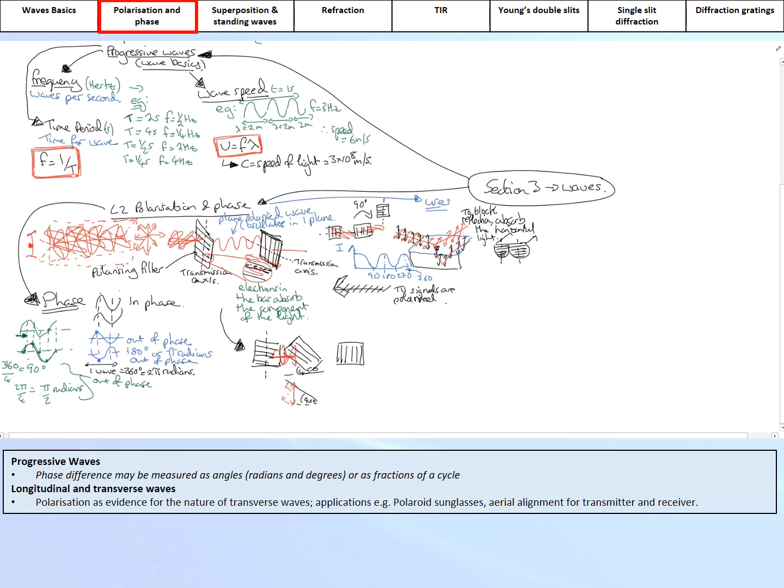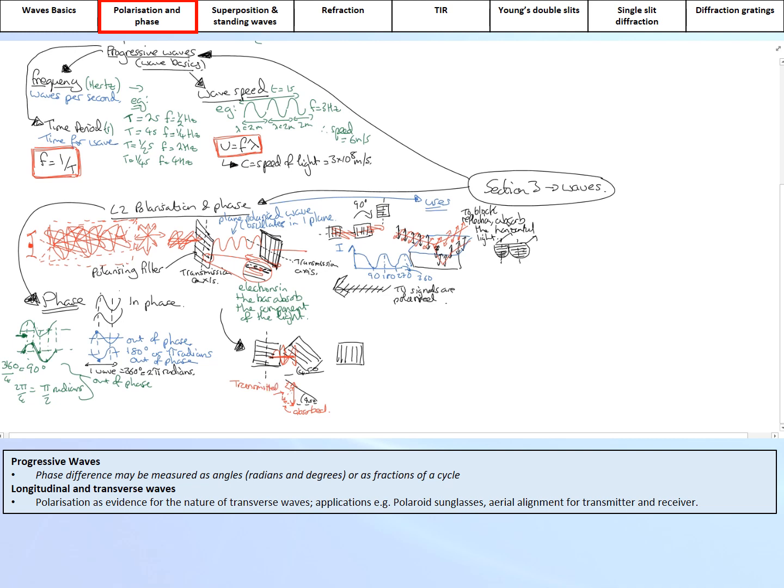We've got a component of that wave at 90 degrees to the wire, and a component of the wave parallel to the wire. The parallel bit is absorbed, leaving only the perpendicular bit to be transmitted.